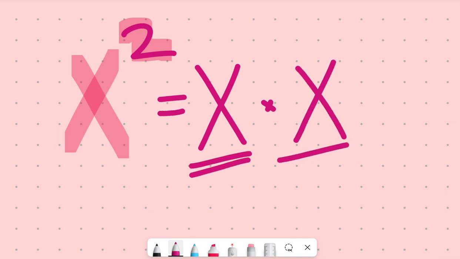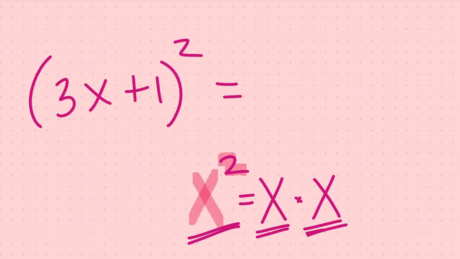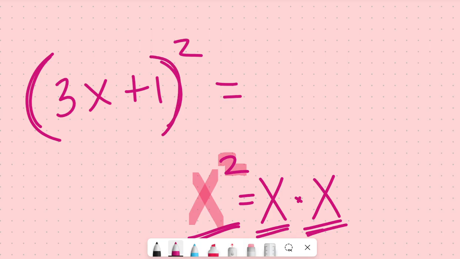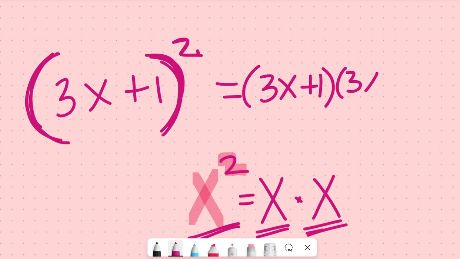Because x times x will give us x to the power of 2, right? So we apply that logic over here. If something is to the power of 2, then that means that was multiplied by itself. So basically we multiply 3x plus 1 by 3x plus 1.